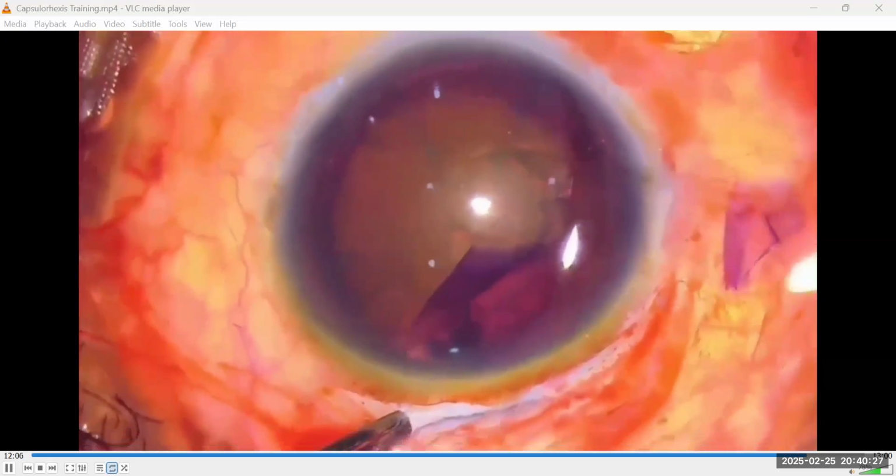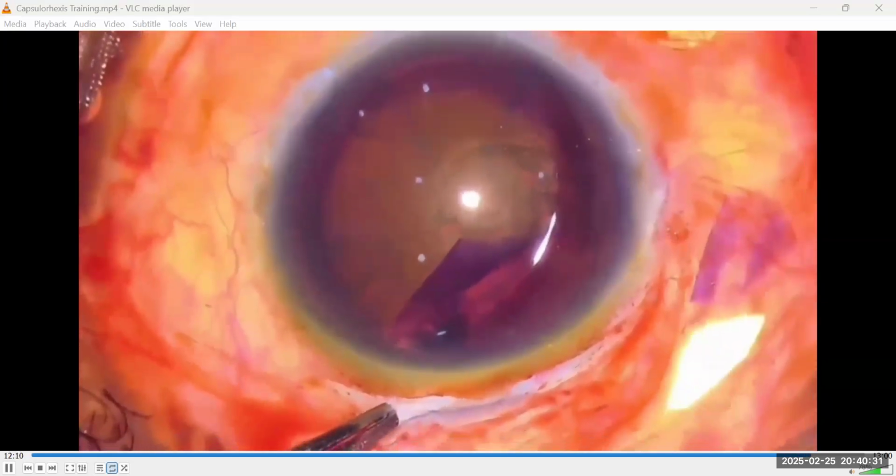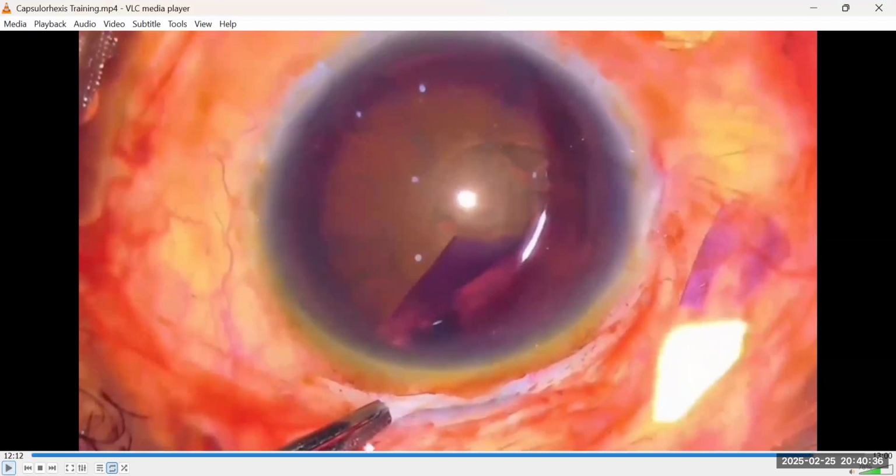Right. If I might ask a question now: if you were the one to finish up this rhexis, would you do circumferential tear or centripetal pull? That's towards the center. Let me have your opinion on the chat box.